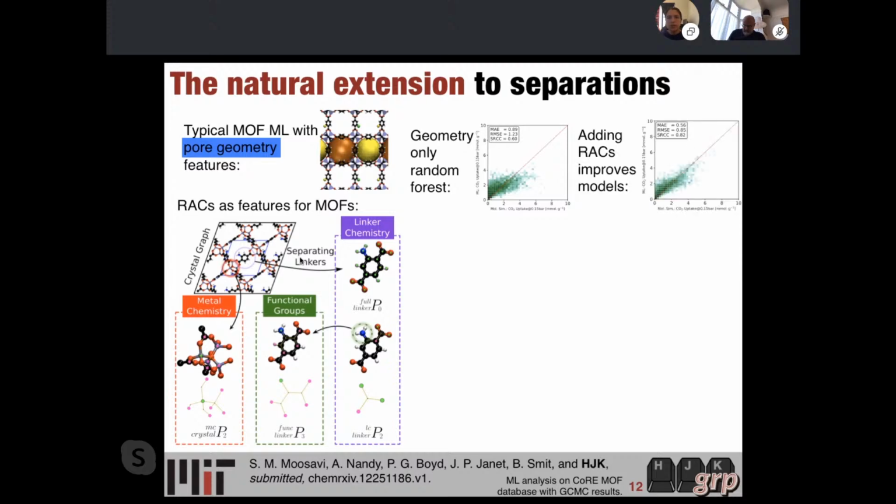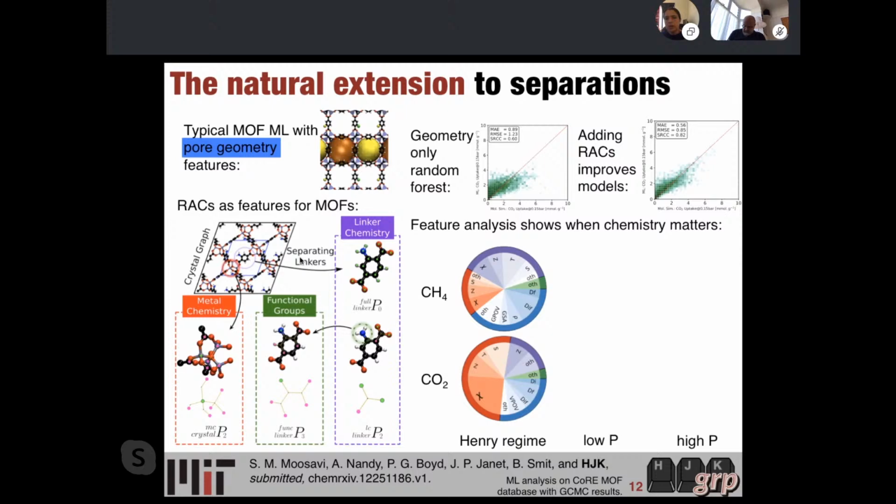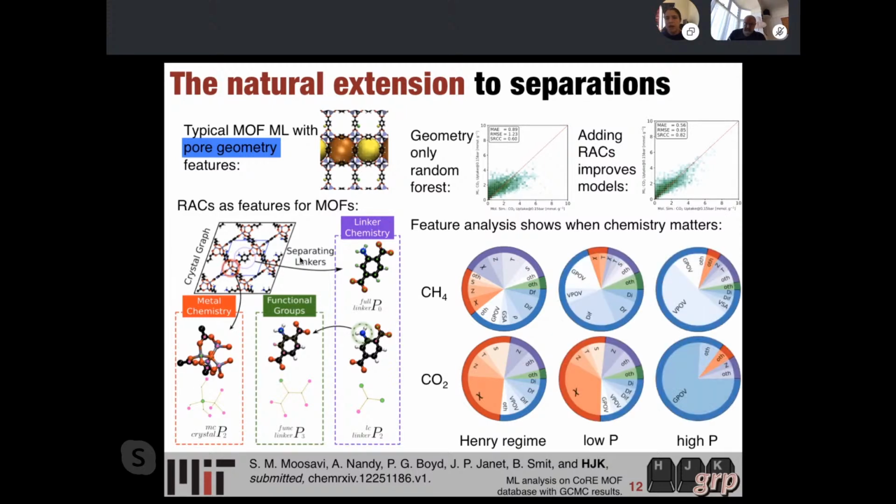In doing this, we improved our machine learning models, which is great, but I don't think performance on its own is particularly interesting. What was more interesting was to see that if we went from low pressure regimes to higher pressure regimes, the chemistry of the MOF, so how much was encoded by the RACs, which is in red, green, and purple on these pie charts, goes away when we go to the high pressure regime.